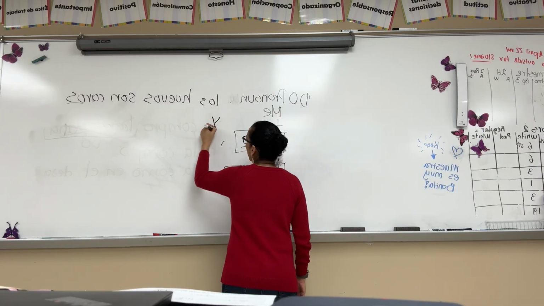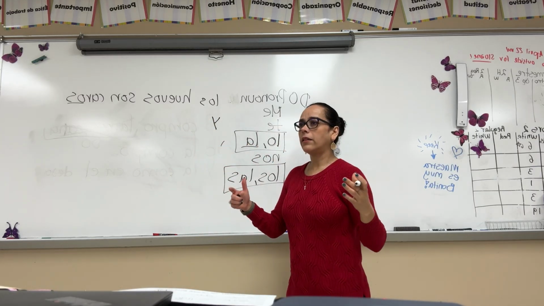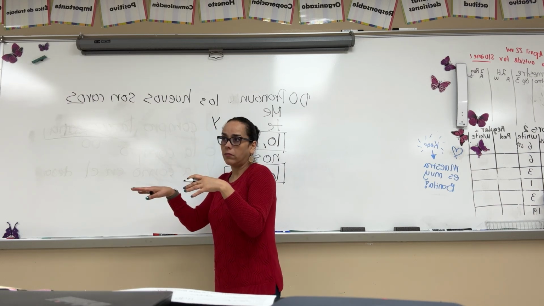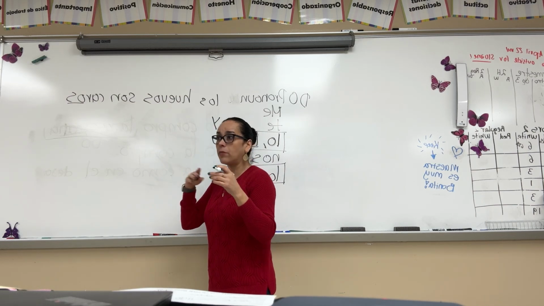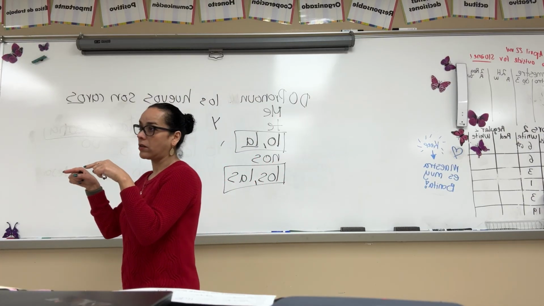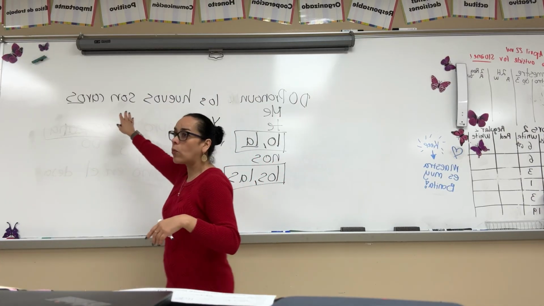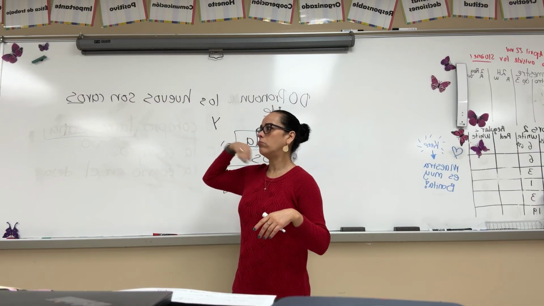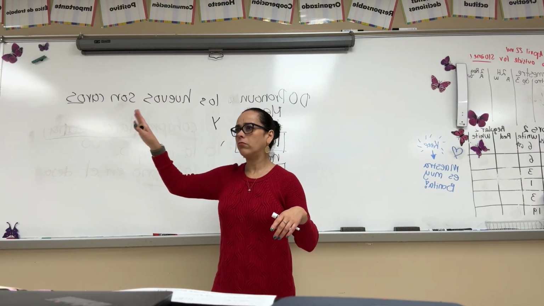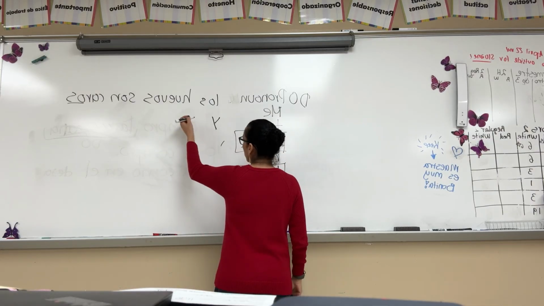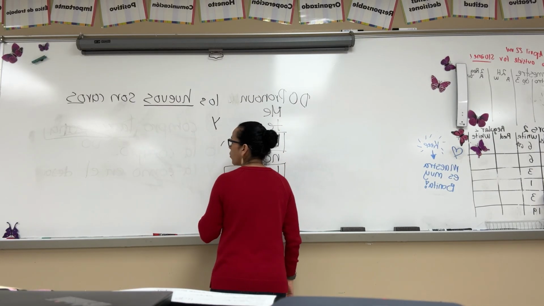I'm going to say that I use them. Notice that I'm not saying I use the eggs, because I already know what I'm talking about. I use them to cook my breakfast. What am I going to say?